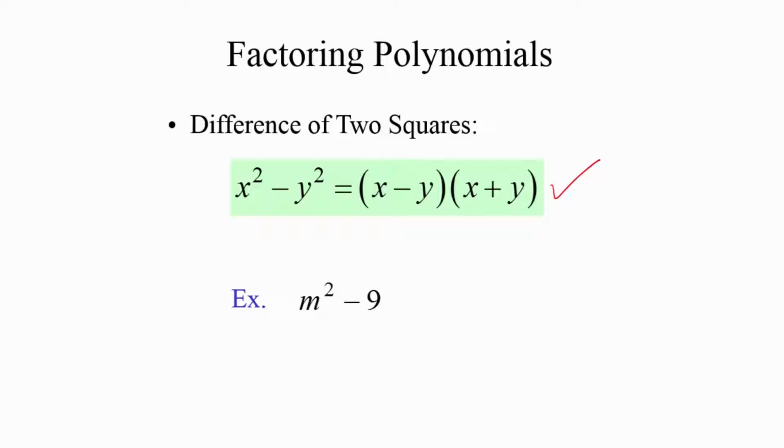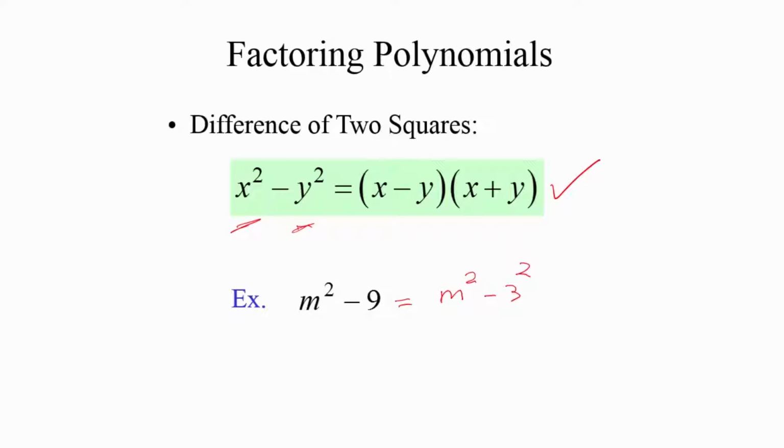For example, m squared minus 9. You notice that m squared minus 9 is m squared minus 3 squared. So it is the difference of two squares. One of them is m squared, the other one is 3 squared, right?